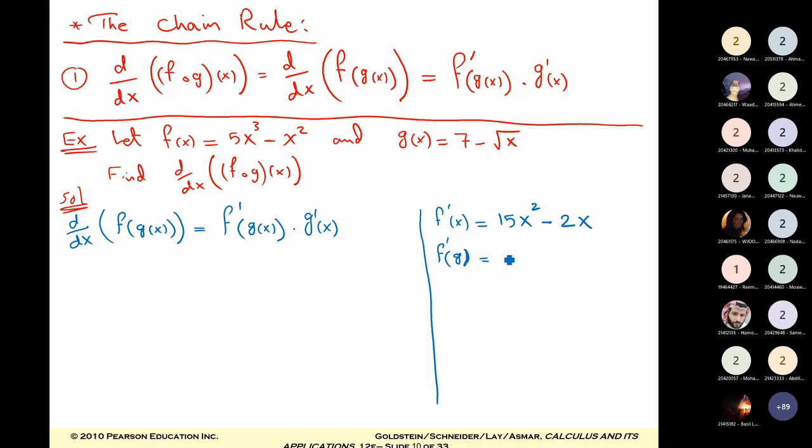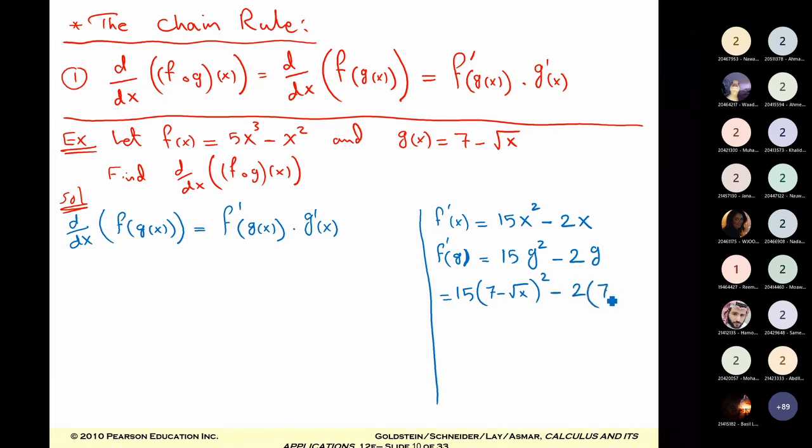So this equals 15g squared minus 2g. This equals 15 times 7 minus radical x, all squared, minus 2 multiplied by 7 minus radical x. This is f prime at g.